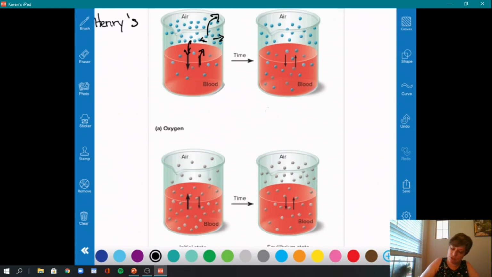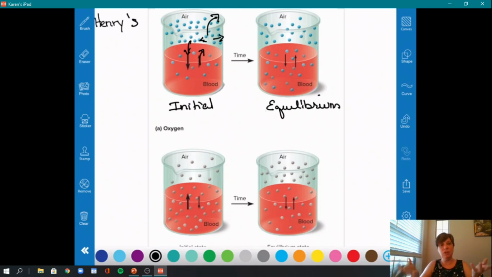So this is the initial state, where there's not a lot of air that's dissolved into the blood. Over time, it goes into a state of equilibrium, where it's balanced, much like diffusion and osmosis will do. You'll have the diffusion across a membrane that will balance into an equal amount.